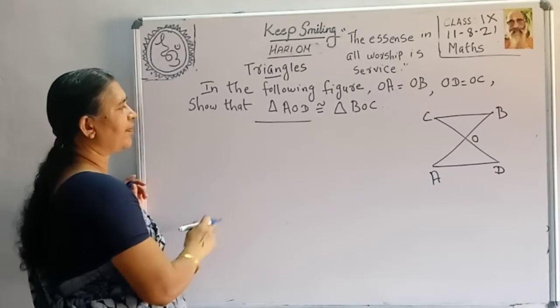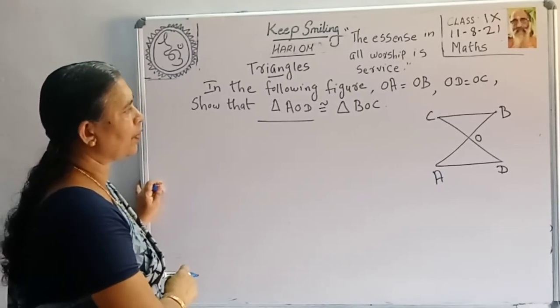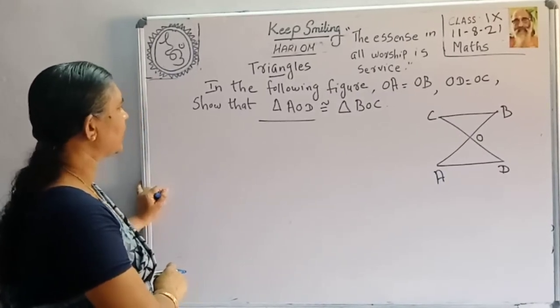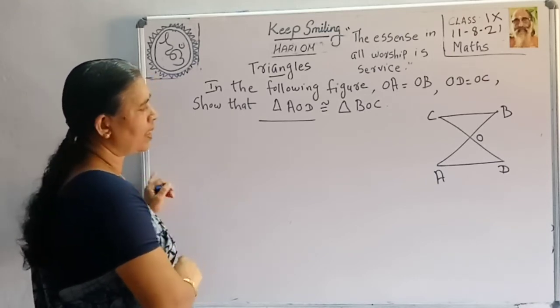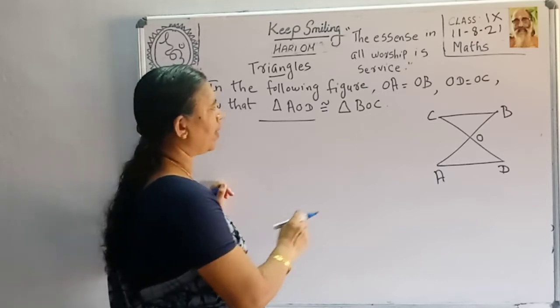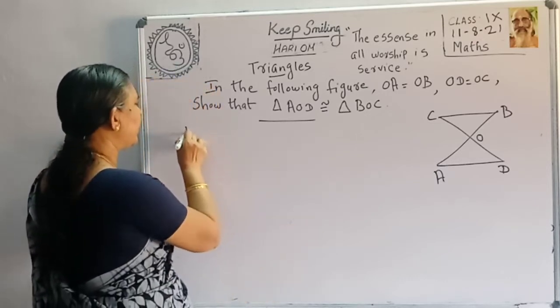In the following figure, OA is equal to OB, OD is equal to OC. Show that triangle AOD is congruent to triangle BOC. Look at triangle AOD and triangle BOC. What is given?